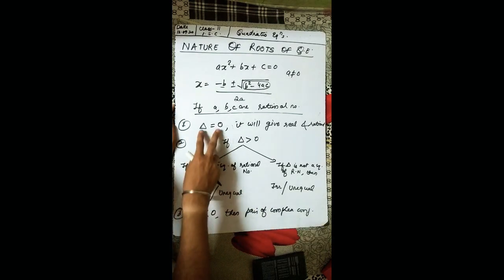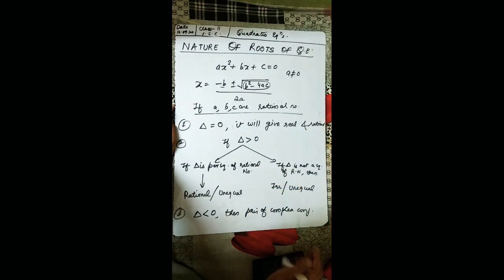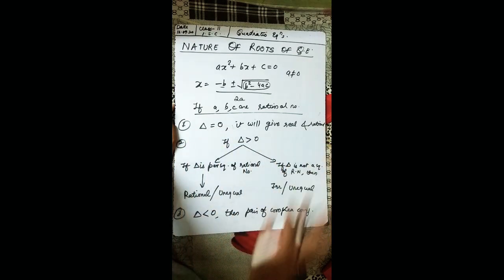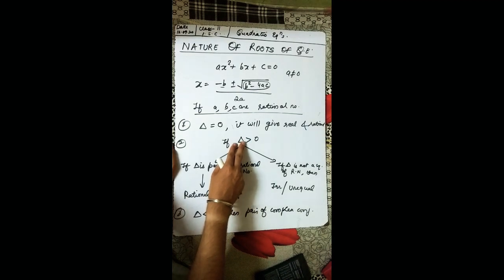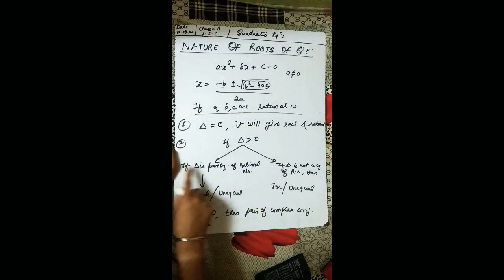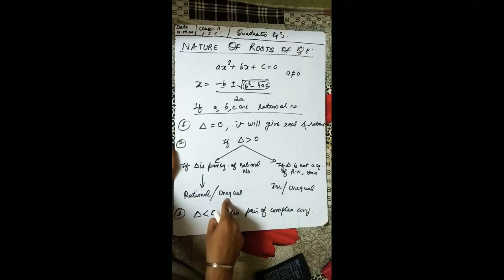If your discriminant is equal to 0, it will give real and rational roots. Now if your discriminant is greater than 0, then you have two cases. If the discriminant is a perfect square of a rational number, then we get rational and unequal roots.